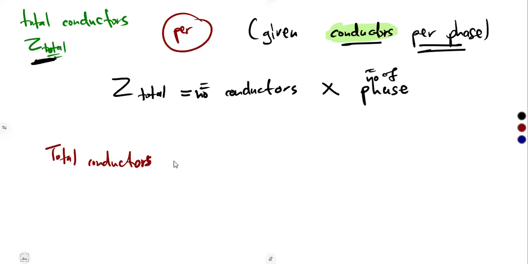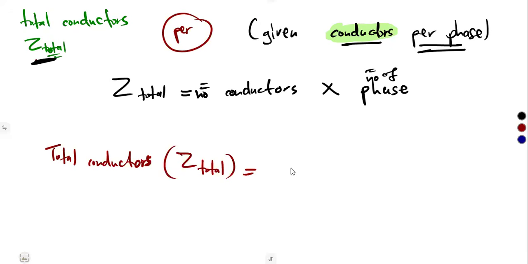All right? So as for total conductors, which is our Z total, it will depend on the information that you are given. Let's say you are given number of conductors per slot. Meaning to say it must be number of conductors per slot times what? Number of slots.